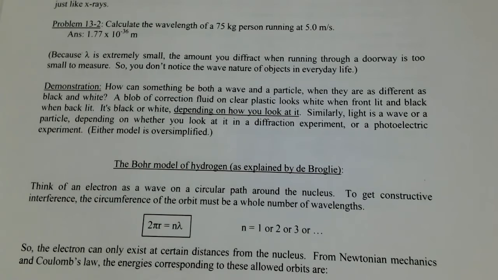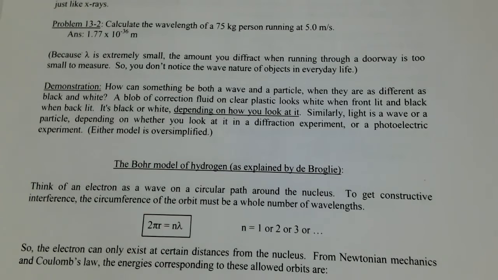But one of the important differences is you can park a satellite in an orbit around the Earth, in any orbit you want. No restrictions. Planetary mechanics is very easygoing in that respect. In an atom, on the other hand, you can put an electron in orbit this far from the nucleus, or this far, or this far.